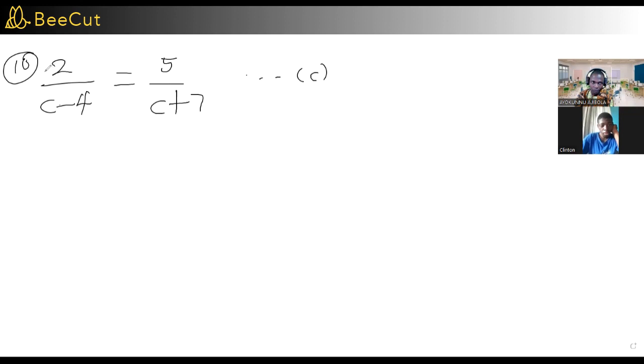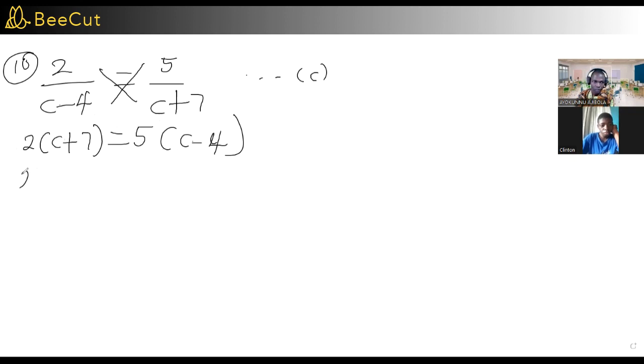When you multiply by C minus 4, it will remain on the right hand side. So that is the same thing as cross multiplying. So you have 2 into C plus 7 equals 5 into C minus 4. Exactly. Here now, you need to expand, open the bracket.